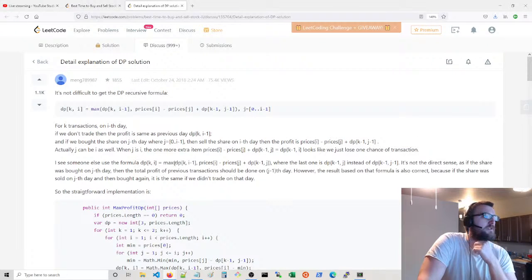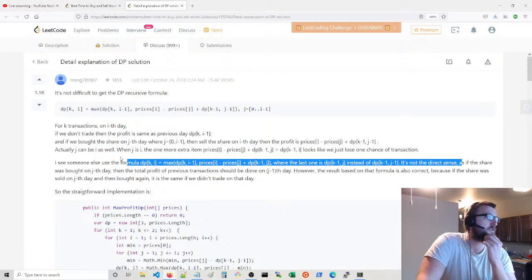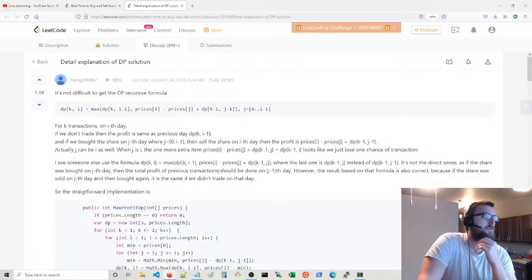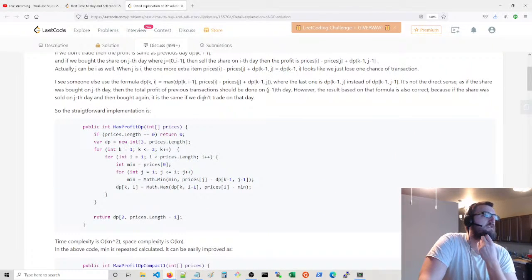Someone else used the formula dp[k][i] = max(dp[k][i-1], prices[i] - prices[j] + dp[k-1][j]), where the last term is dp[k-1][j] instead of dp[k-1][j-1]. It's not direct in the sense that if the share was bought on the jth day, the previous transaction should be done on the (j-1)th day. However, the result based on that formula is also correct, because the share is sold on the jth day and bought again. It's the same as if we didn't trade on that day.